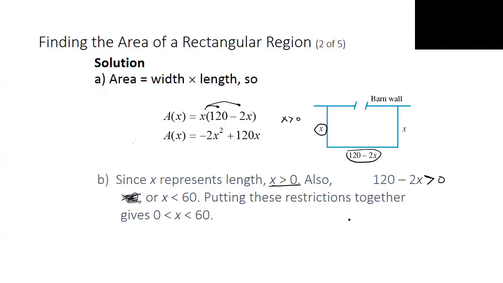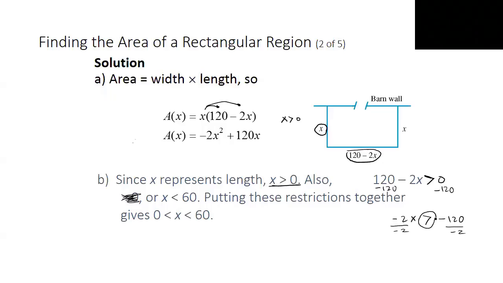What that means is if I subtract 120 from each side of the inequality, that would give me minus 2X is greater than minus 120. In order to solve for X, to find the restriction, you divide each side by -2. When you divide by a negative, what do you have to do?